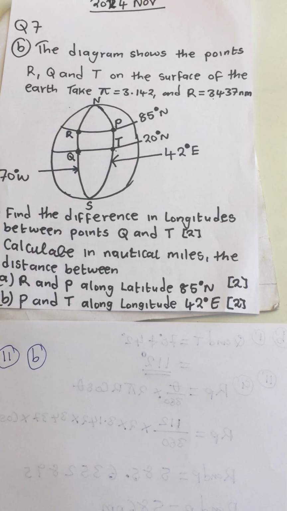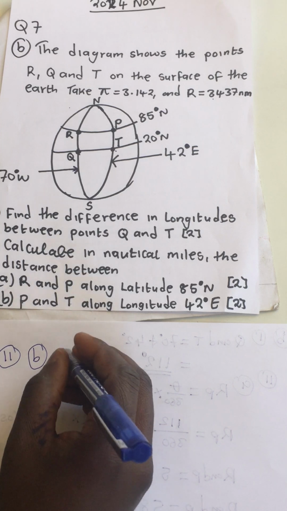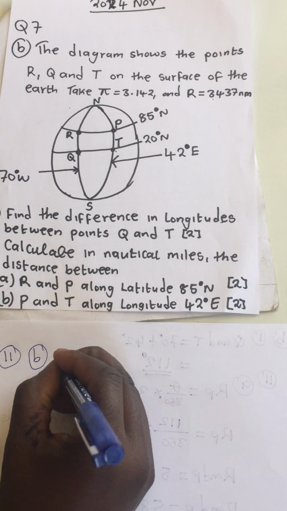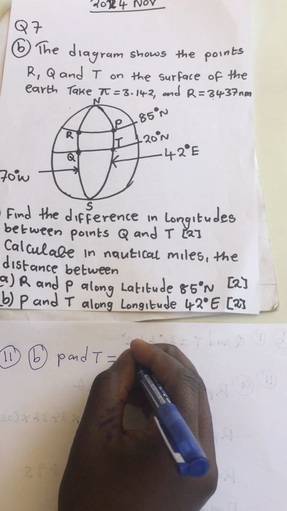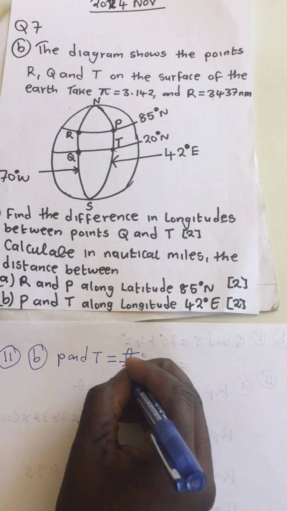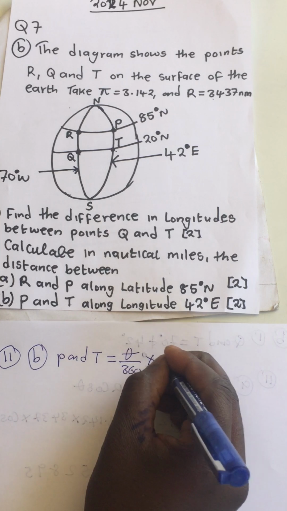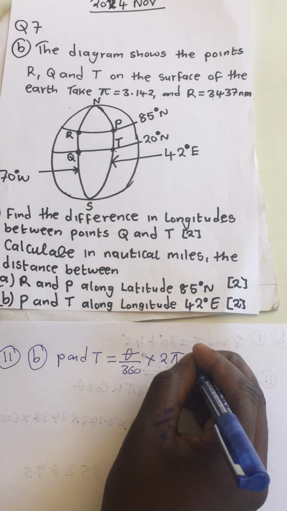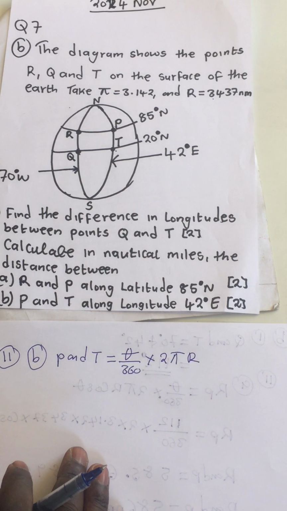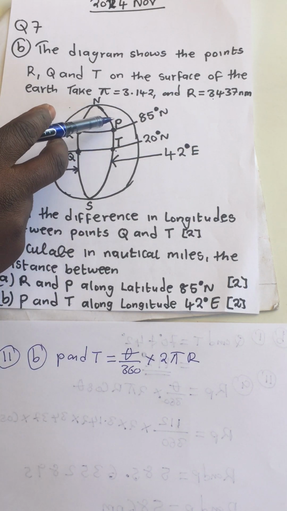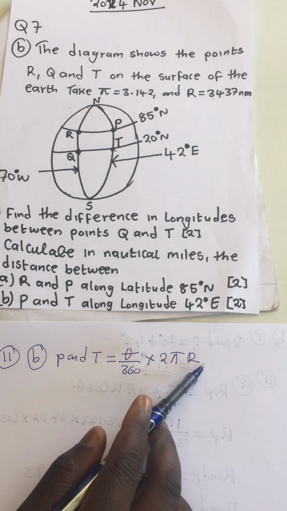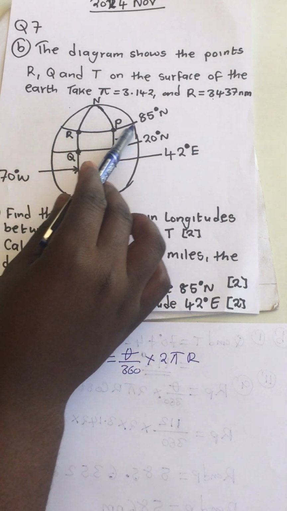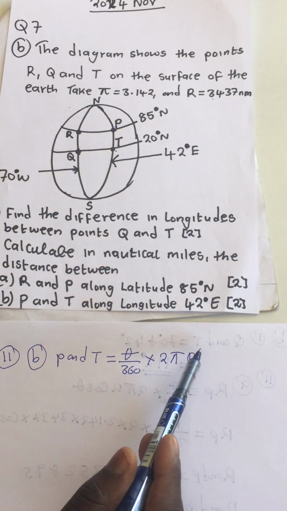When you're calculating distance along longitudes, there is no cos. So the formula will be PT is equal to theta over 360 times 2 pi r. That's all. Once you're calculating distance along the longitude line, there is no cos, but along the latitude there is cos.